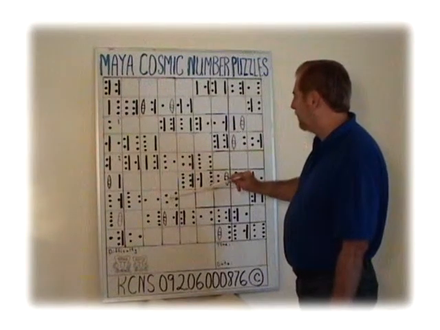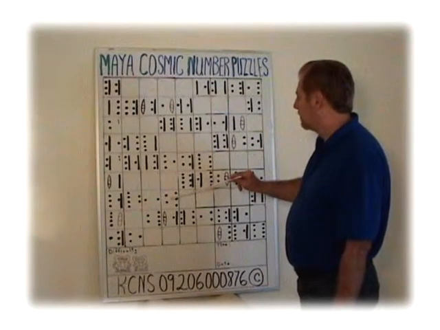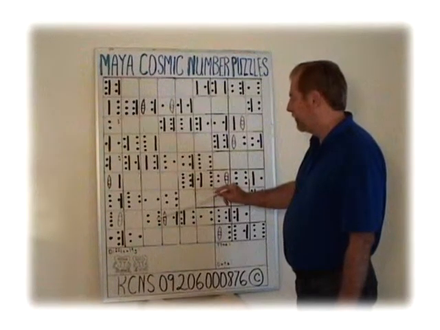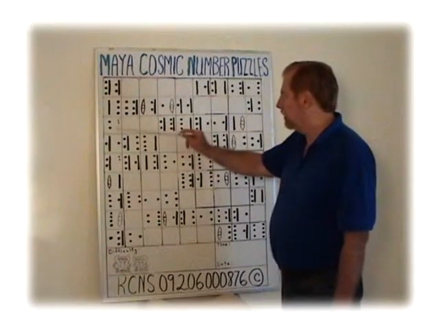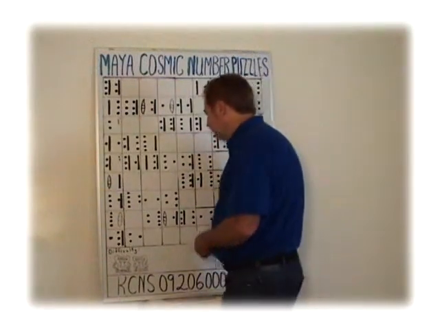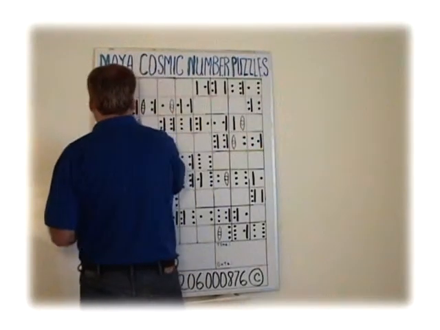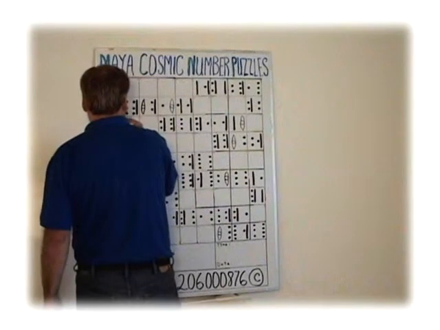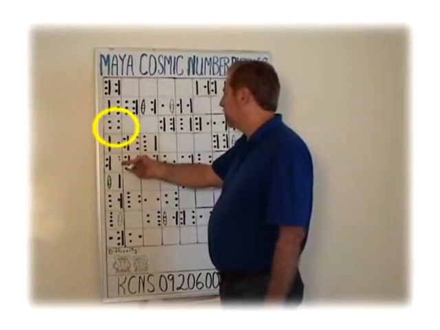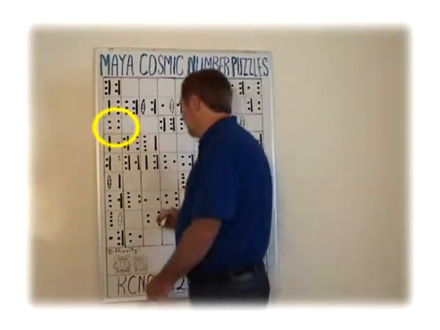We have a 23, that does not help us. We have a 24, that does help us. This 24 means if the 24 is here, it cannot be here. So that only leaves a 22 in that position. If the 22 is here, that means the 2 cannot be here, only a 4 can be here.